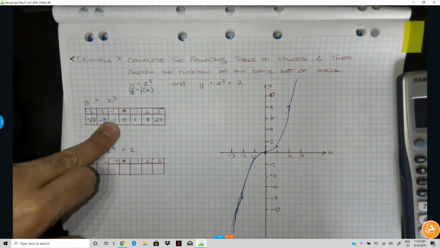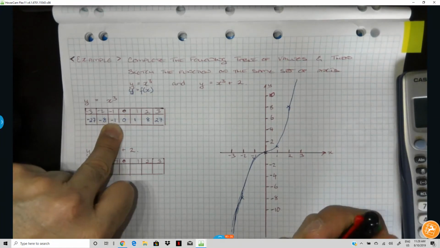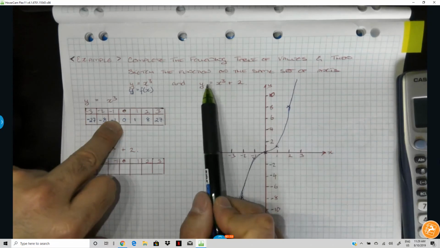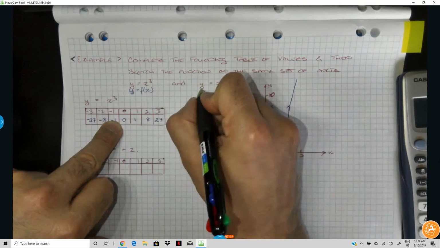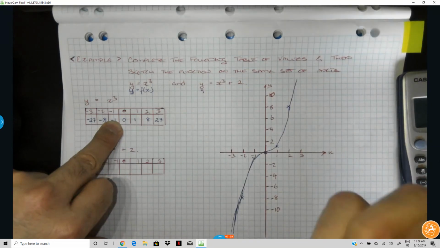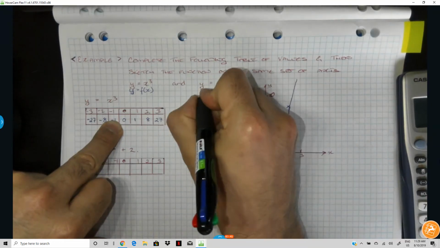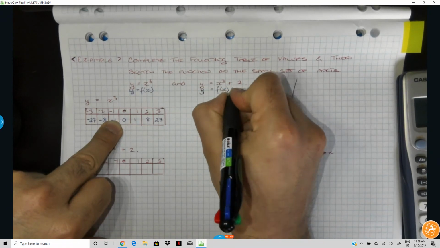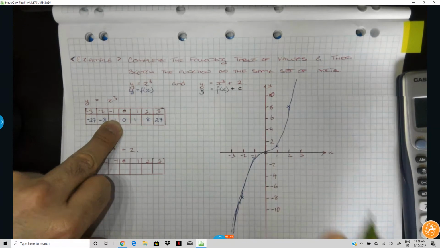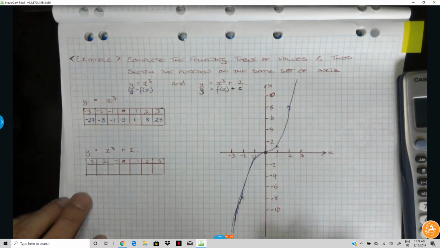Now what we're going to do is have y equals f of x plus c, and the c in this situation will be 2. So what happens to our function?